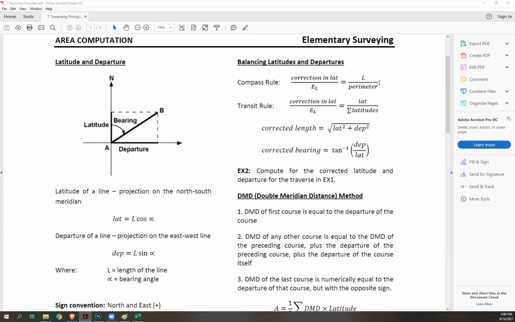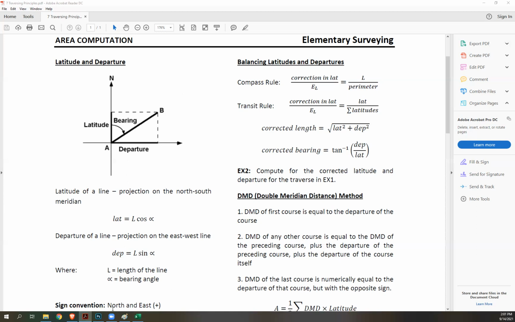Again, corrections are the amounts by which we will add or subtract to your given departure and latitude in order to correct or balance your given. And then, you're going to disregard signs of latitude and departure here when you're doing summation of latitudes and summation of departures.